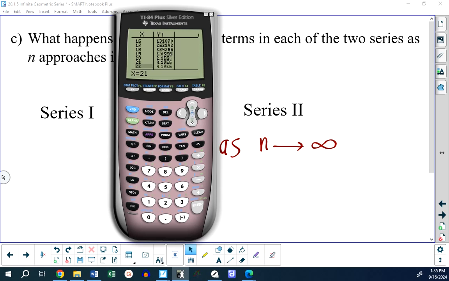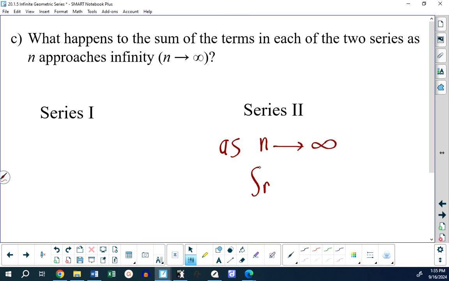As n gets really large, what's happening to the sum? The sum is exploding, right? It's doing this. As n gets bigger, this is taking off to infinity. So as n approaches infinity, the sum of the terms approaches infinity.